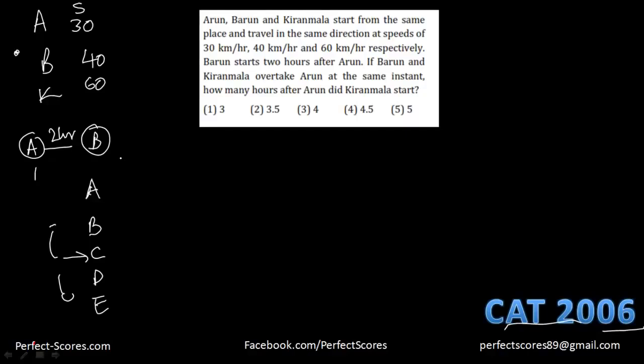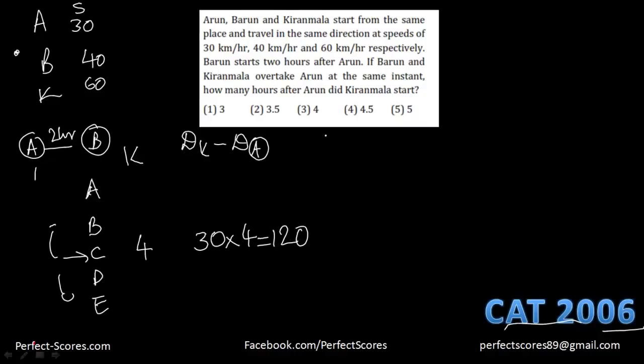So let's suppose Kiranmala actually started 4 hours after Arun, right? So if Kiranmala started 4 hours after Arun, the distance between Kiranmala and Arun when Kiranmala started would be equal to the distance that Arun has traveled in 4 hours. The distance that Arun has traveled in 4 hours is the speed of Arun into the time, which is equal to 120 miles.